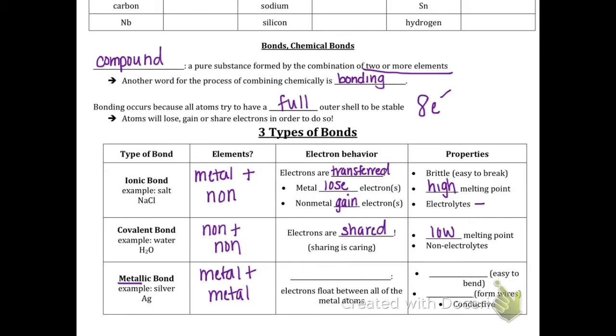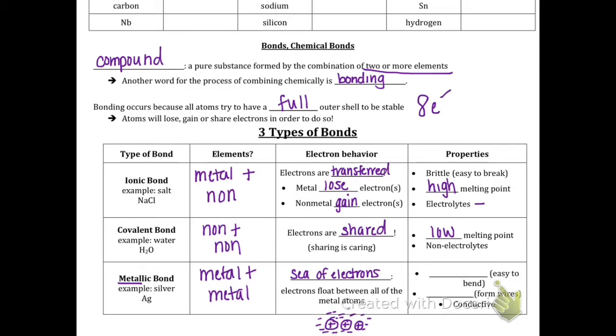The most important vocabulary word you need to understand is what we call the sea of electrons. Basically, when a metal bonds to another metal, all the electrons get to float around like the sea. So your metals are like islands, and then all the electrons just surround them like the sea. So when you see this vocabulary term, sea of electrons, you have to think metallic bond.